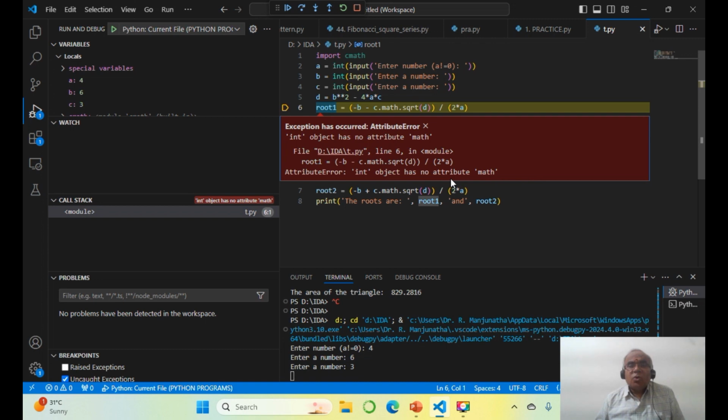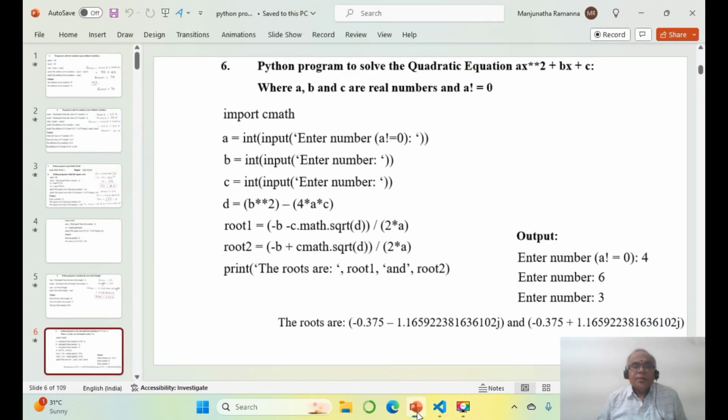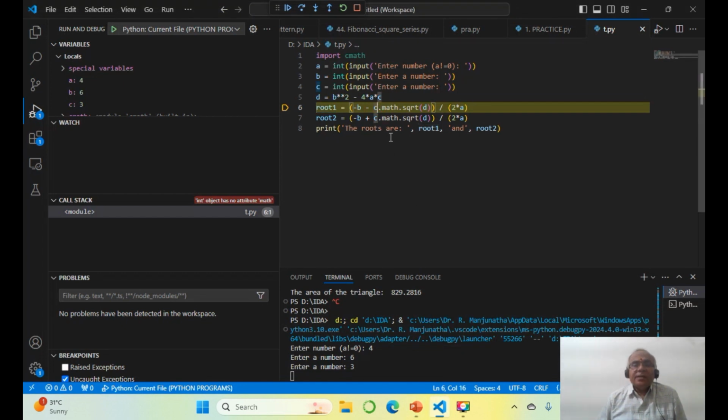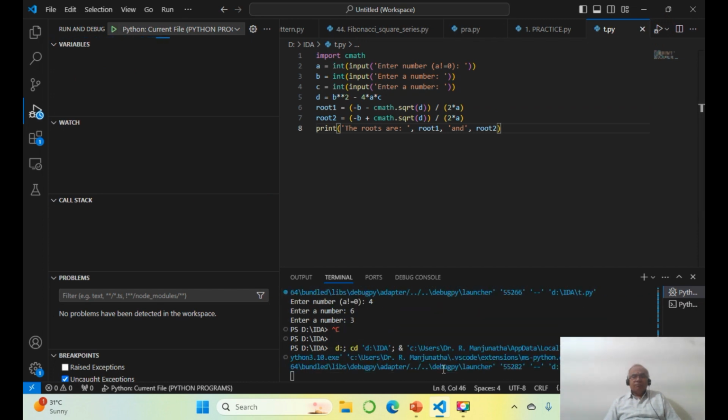int object has no attribute math. Why? So we will come to this. cmath.sqrt. Sorry, it should be cmath.sqrt(d). Now we will run this program again.